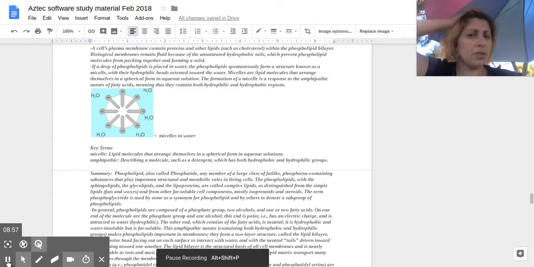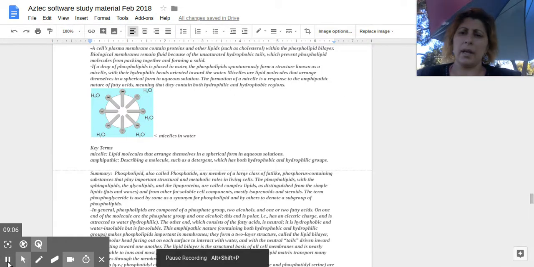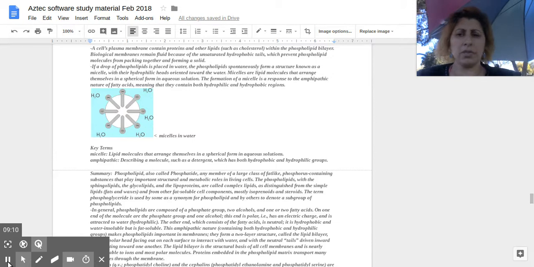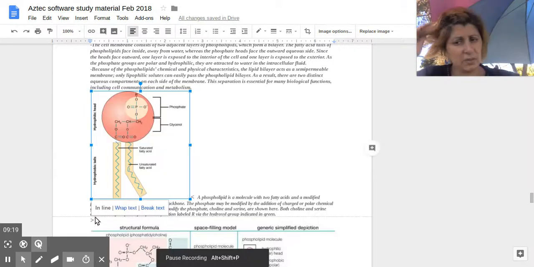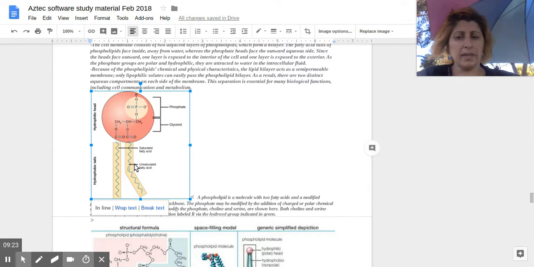The unsaturated hydrophobic tails give the membranes fluidity because the phospholipid molecules are prevented from forming a solid and packing together. So the unsaturated tail is shown here with the double bond.